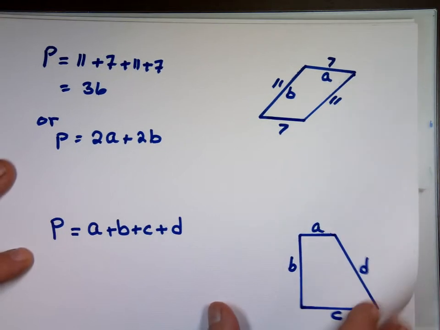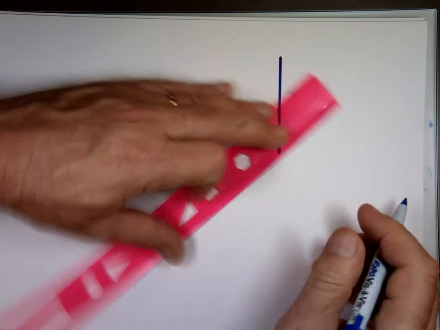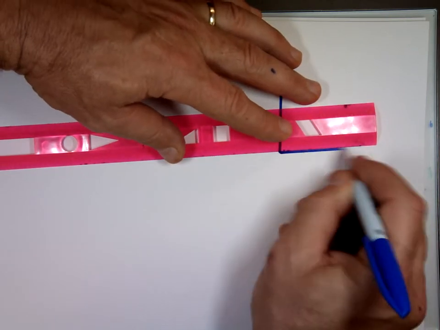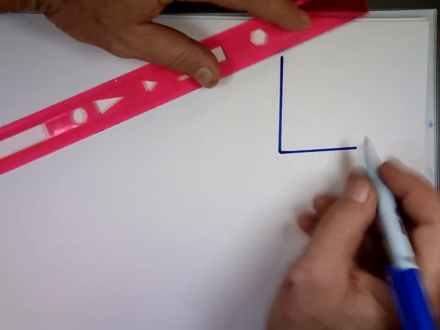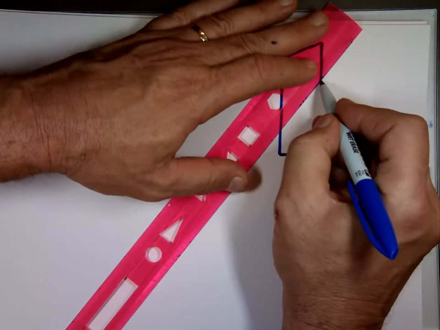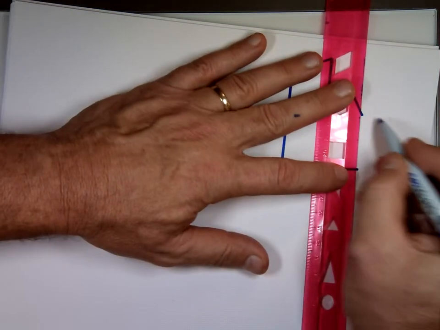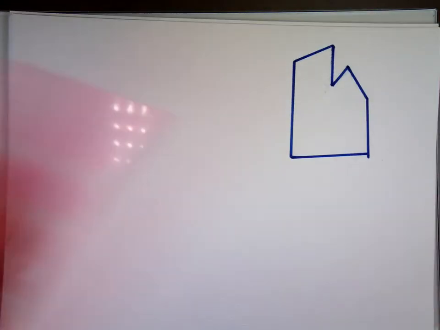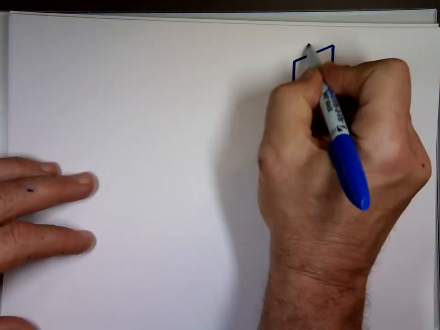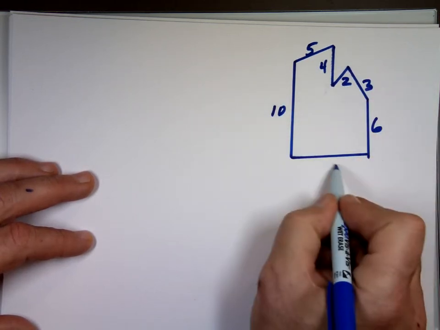What happens if you have a funky shape? We got this shape. I'm just making one up. Here we go. I'm going to go have fun with it. We got this shape. 10, 5, 4, 2, 3, 6, 9.